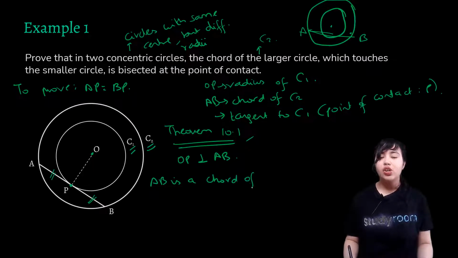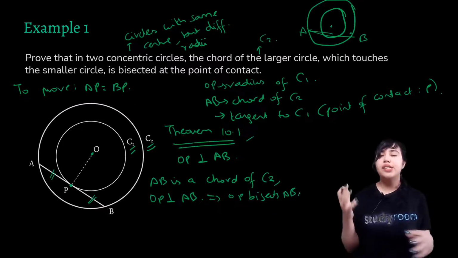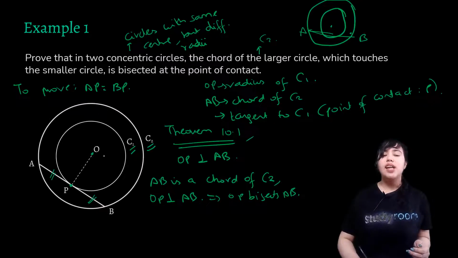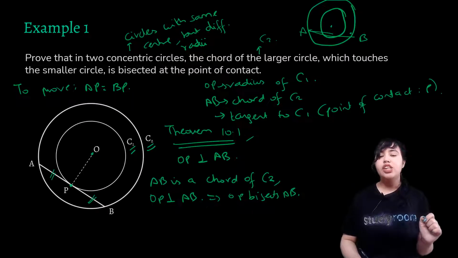AB is a chord of C2 and OP is perpendicular to AB. So we can also say that OP bisects AB. Okay, so this is a property of circles, that if I'm having this radius perpendicular to a chord, then the chord will be bisected.